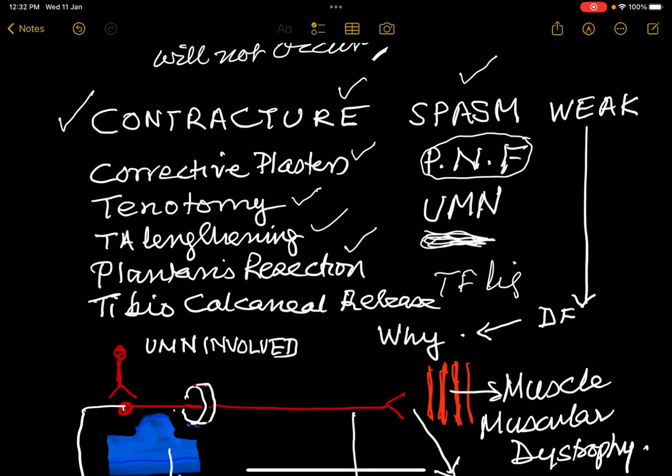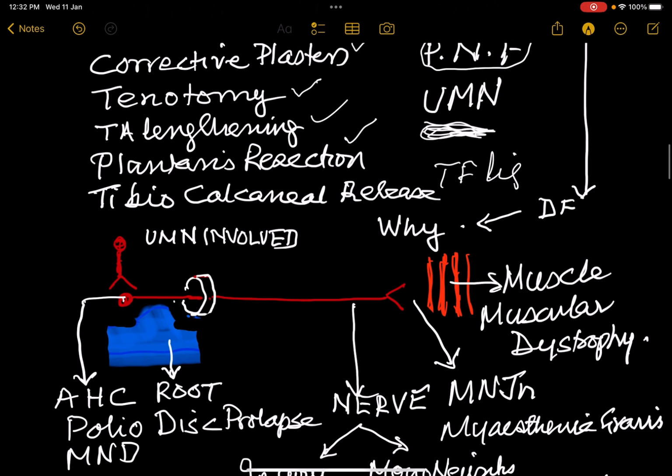Now let us say that the passive correction is possible. How to achieve dorsiflexion? So why should these dorsiflexors be weak? Here you see the upper motor neuron. This is the anterior horn cell. Till it gets out of the intervertebral foramen, this is the nerve root.